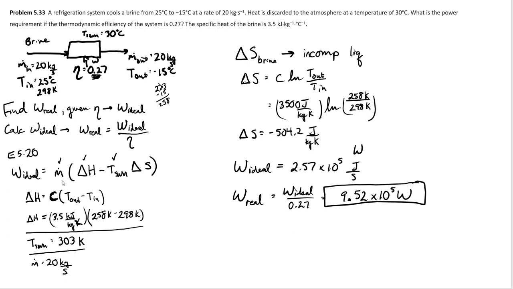The equation for one stream for the ideal work is given to you in your book. The only thing we needed to add was calculating the entropy change for an incompressible liquid, which we covered in class. That's not covered in your textbook, so see the notes for that derivation, and then calculating the real work from that.